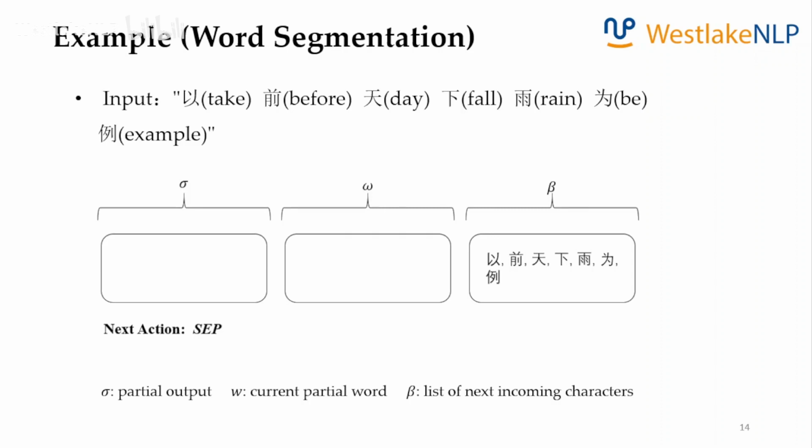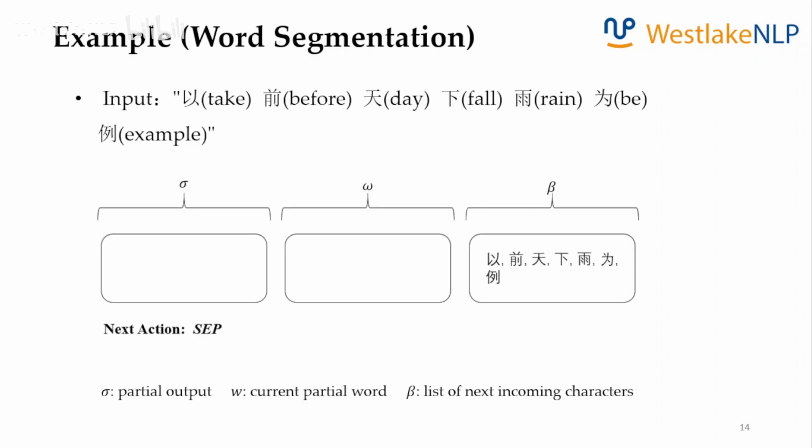And then we gradually apply state transition actions. What can the actions be? If you remember in chapter 9, we discussed that we can regard word segmentation as a decision process on characters, where each character can either be separated as the beginning of a new word or appended to a previous word.